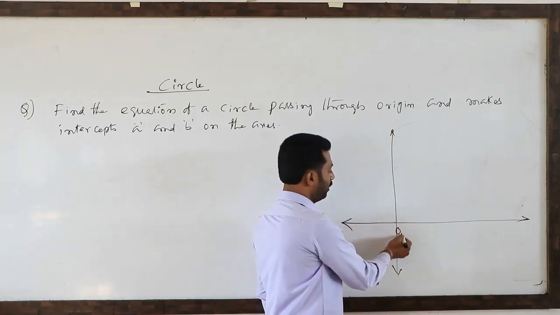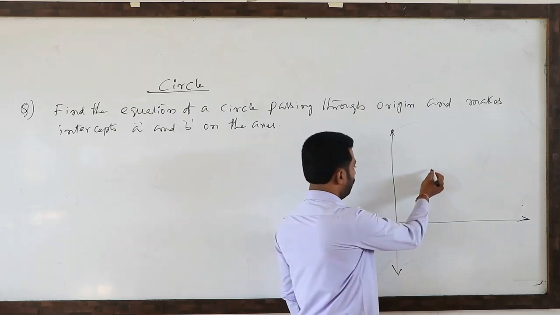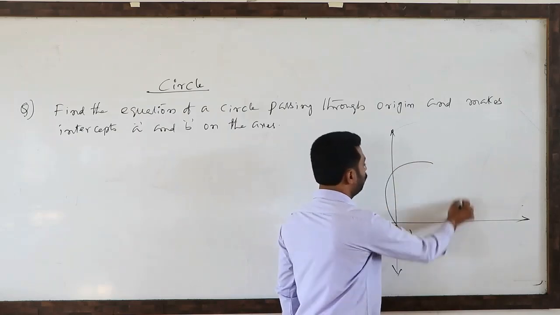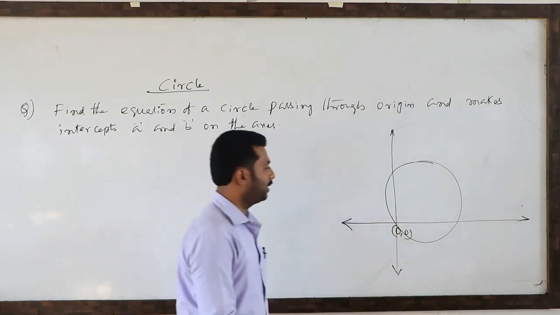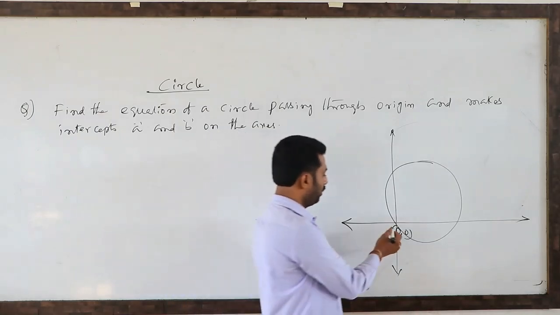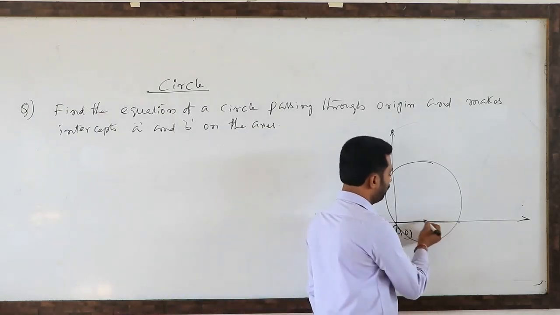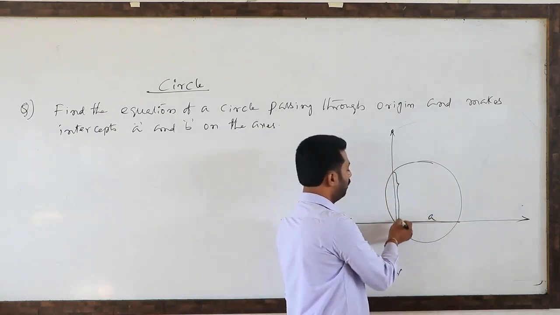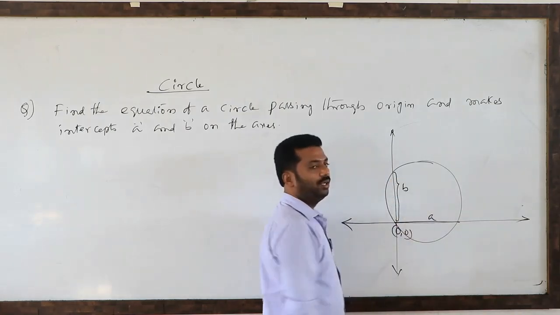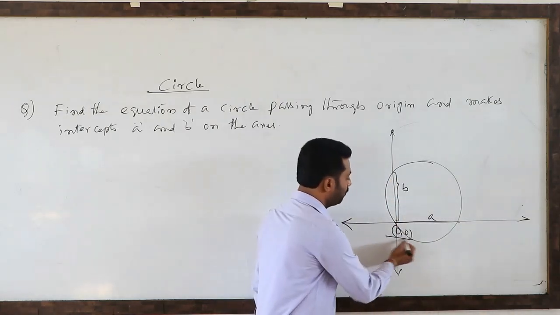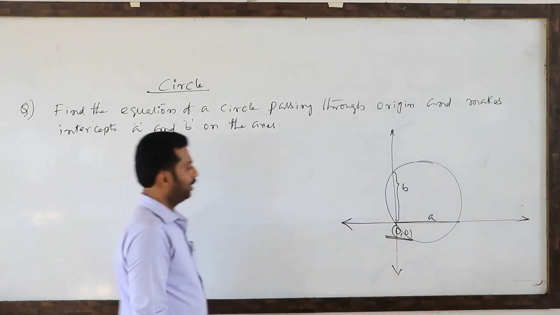This is the origin. One circle is passing through the origin which makes intercepts. You observe, this is the x-intercept, A length. This is the y-intercept, B length. This is passing through the origin.